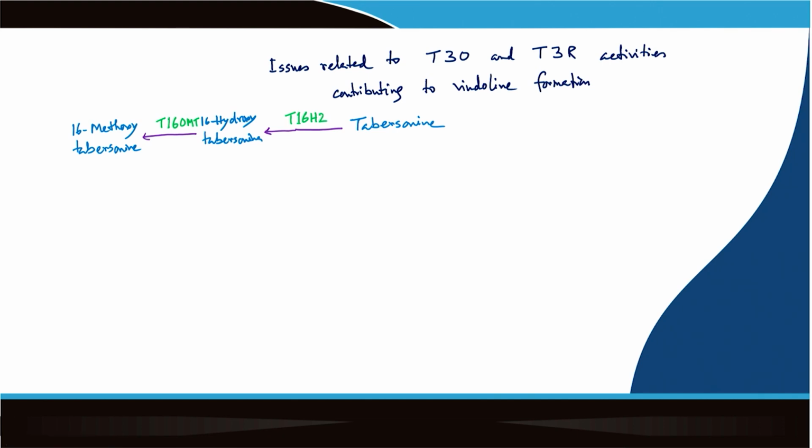Now, what we have discussed in the last class is this, that this 16-methoxy tabersonine is converted into 3-hydroxy 16-methoxy 2,3-dihydro tabersonine, and this was subsequently converted into desacetoxyvindoline.